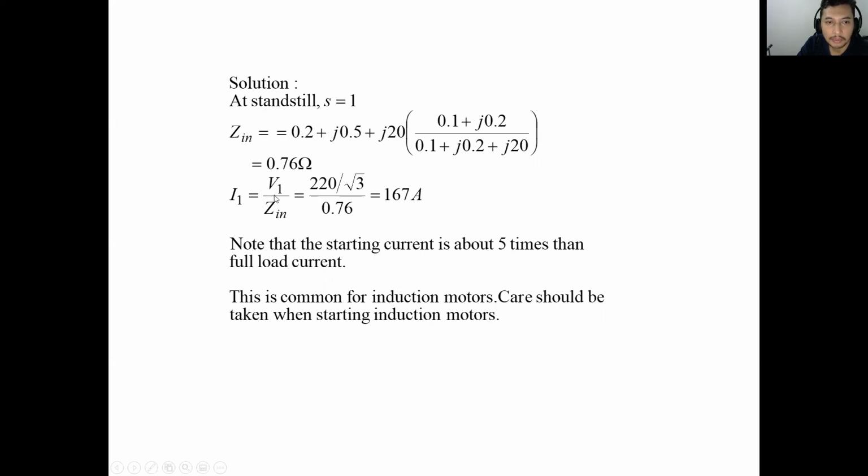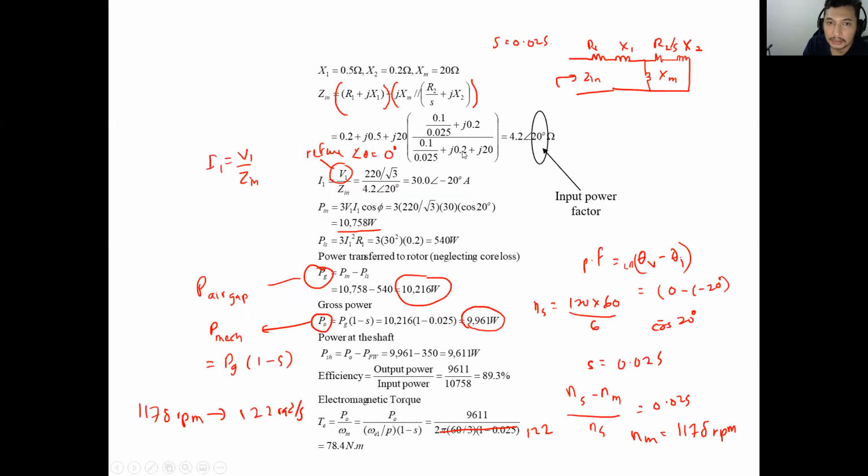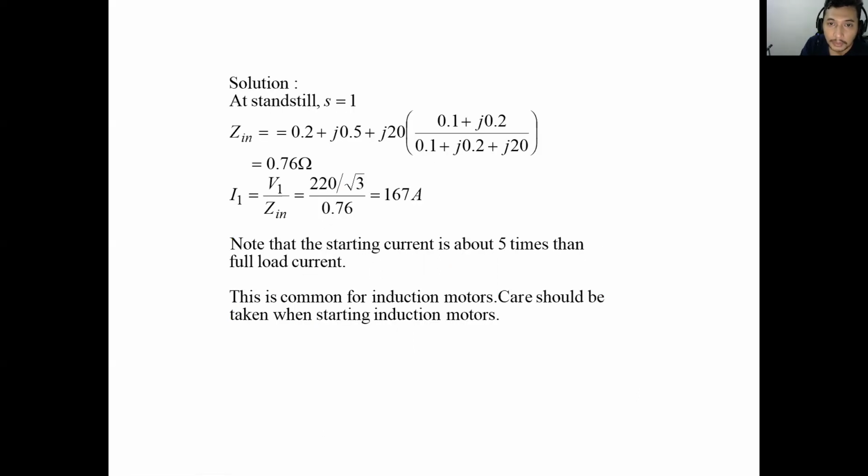I1 is V1 over Z in, and as you can see, Z in here depends on the slip S. So when you set S equal to 1, you will have these values, and your starting current is around 167 ampere.